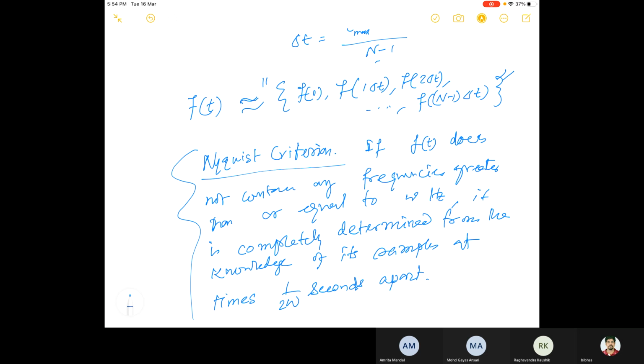There are capital N values, given to you as a set of numbers, possibly complex. You want to take a transform of this to get something in the frequency domain. This is the time domain, and we want something in the frequency domain. This is called the DFT.